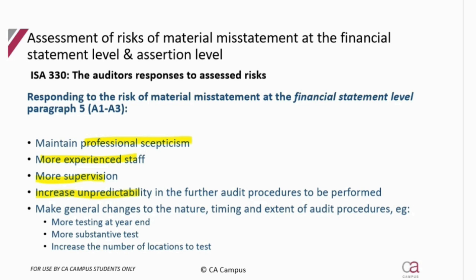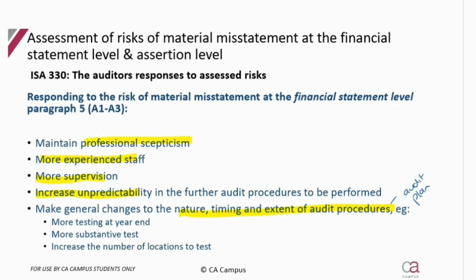And then, as a final thing, we will make general changes to the nature, timing, and extent of our audit procedures, which means we will make general changes to our audit plan for the specific balances and transactions we feel could be risky.